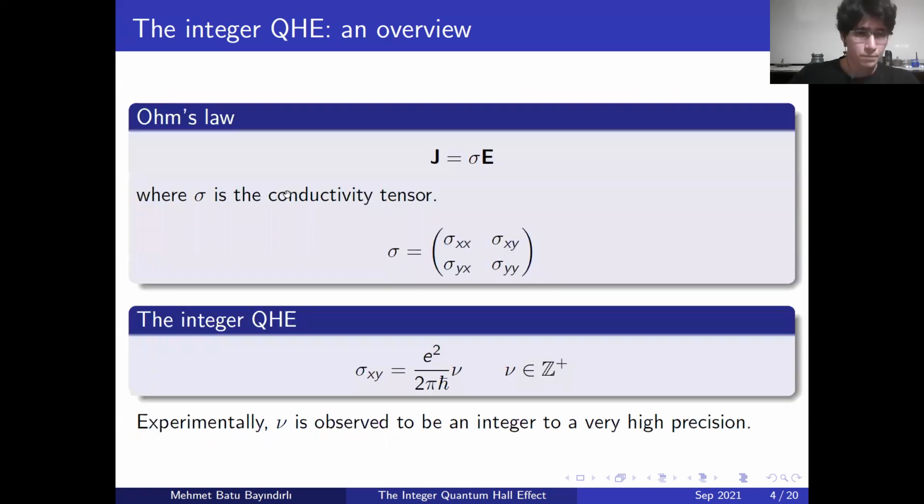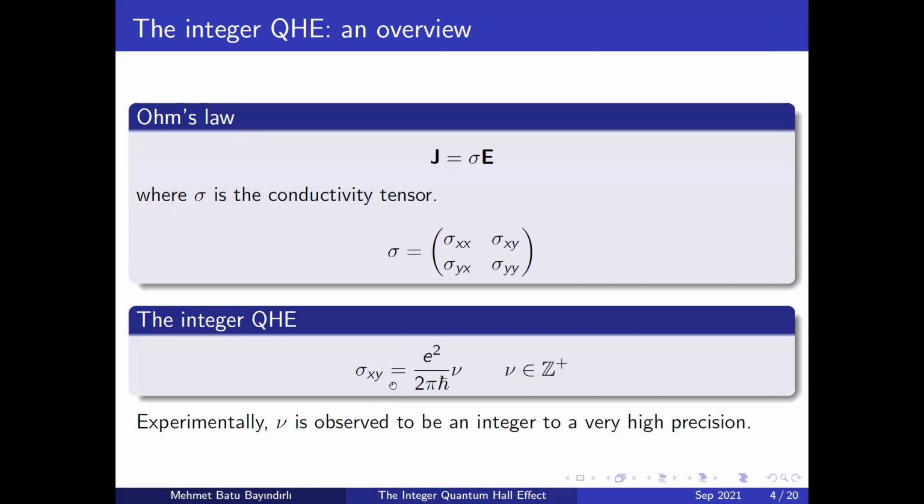Okay, so to simply put, we have Ohm's law, which relates the current density vector to the electric field vector, and they're related by a tensor named the conductivity tensor, and its inverse is the resistivity tensor. So it's a matrix. The integer quantum Hall effect is a statement that this transverse conductivity takes on integer values.